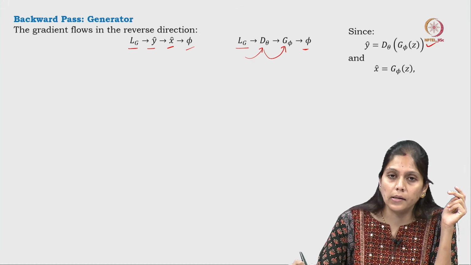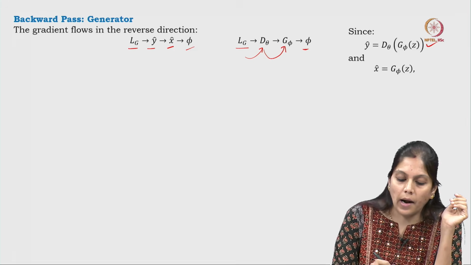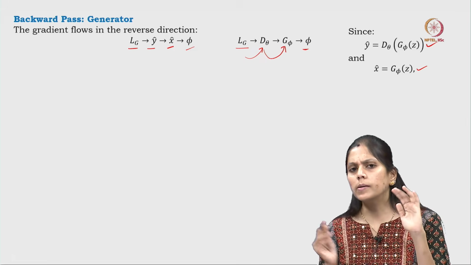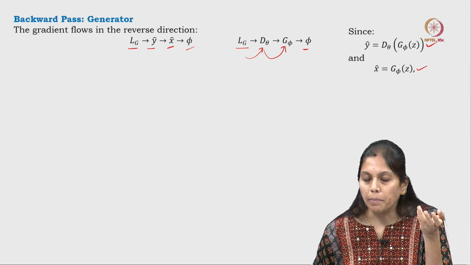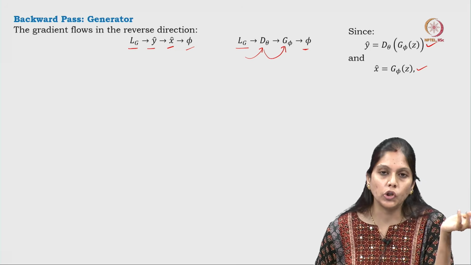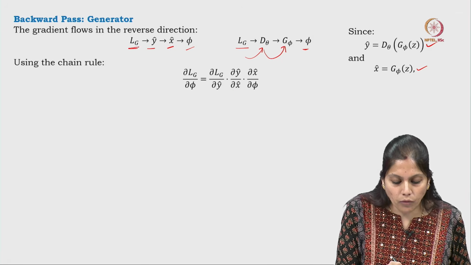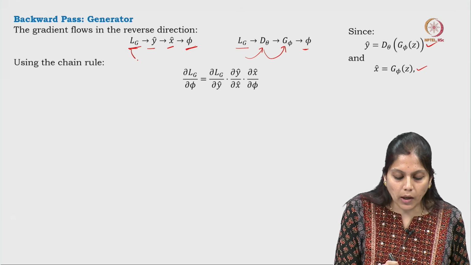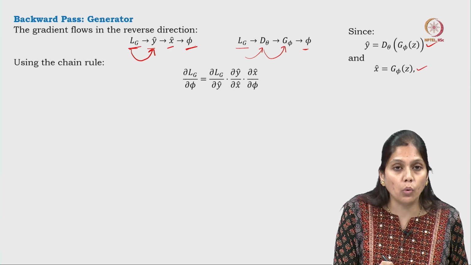Y hat is this. By now you should be very clear what this notation is, and x hat is the generated image. Now, just substitute the values. Now, you are back propagating. Back propagation is always a chain rule. Using the chain rule, can I write the derivative of loss with respect to phi as, first you will reach this, the derivative of loss with respect to y hat.